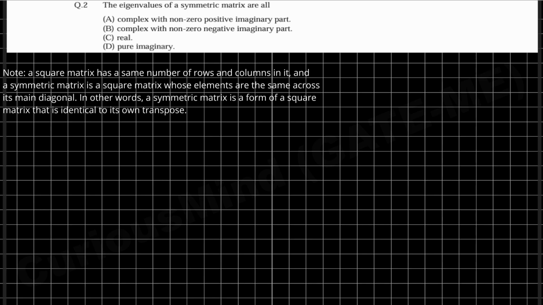In other words, a symmetric matrix is a form of square matrix that is identical to its own transpose. So let's consider an arbitrary second order symmetric matrix. So there we have it, a symmetric matrix.